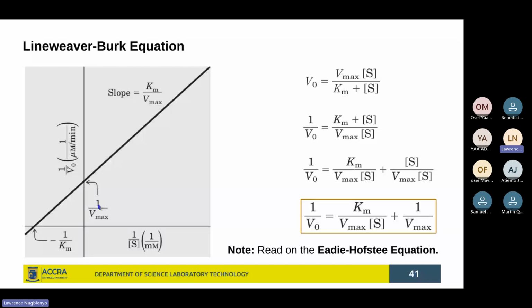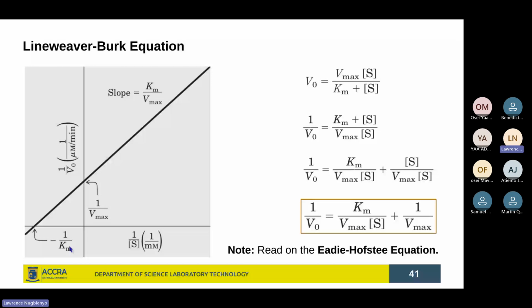So you can easily determine the maximum rate of the reaction. And you can also easily determine the Michaelis-Menten constant, that is the concentration at which you achieve half the maximum rate of reaction, from the intersection of the line with the horizontal axis, since that intersection is negative 1 over the Michaelis-Menten constant. So you can use these things to do predictions.